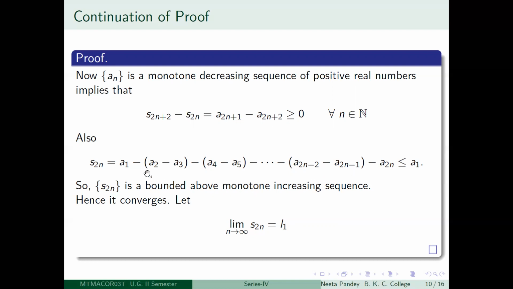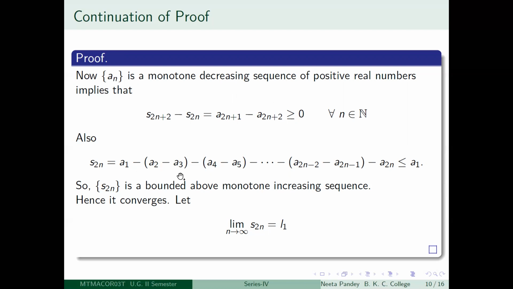So what is happening is that in the bracket A2 minus A3, this is going to be a positive number, because AN is a monotone decreasing sequence. So you have A1 greater than or equal to A2 greater than or equal to A3 and so on.